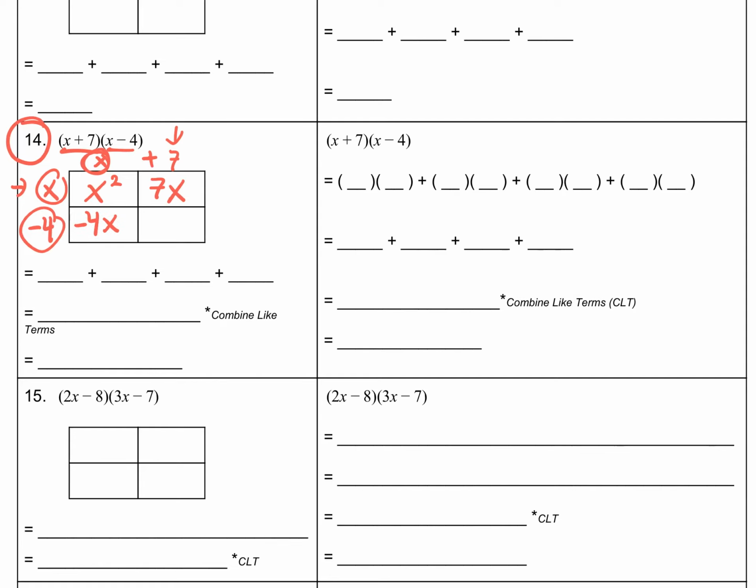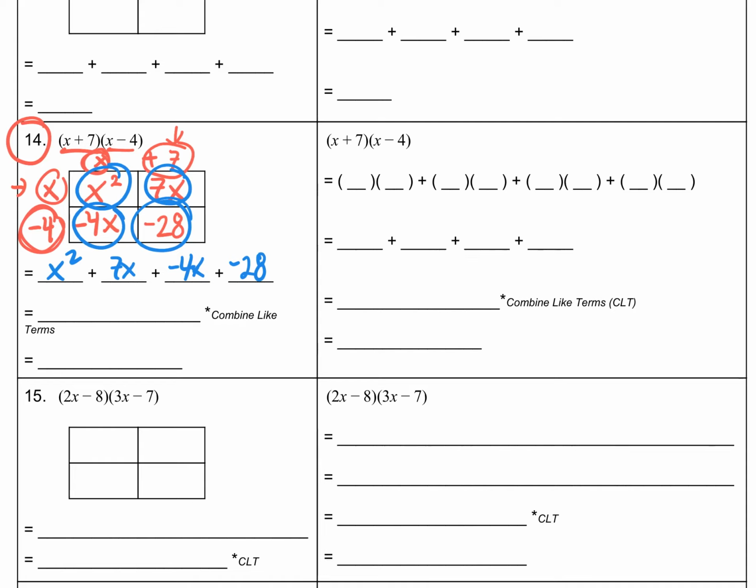And then the last square is multiplying 7 and negative 4, which is negative 28. Once I filled out my boxes by multiplying them together, I'm going to now combine everything inside. So I'm going to write x squared plus 7x plus negative 4x plus negative 28.